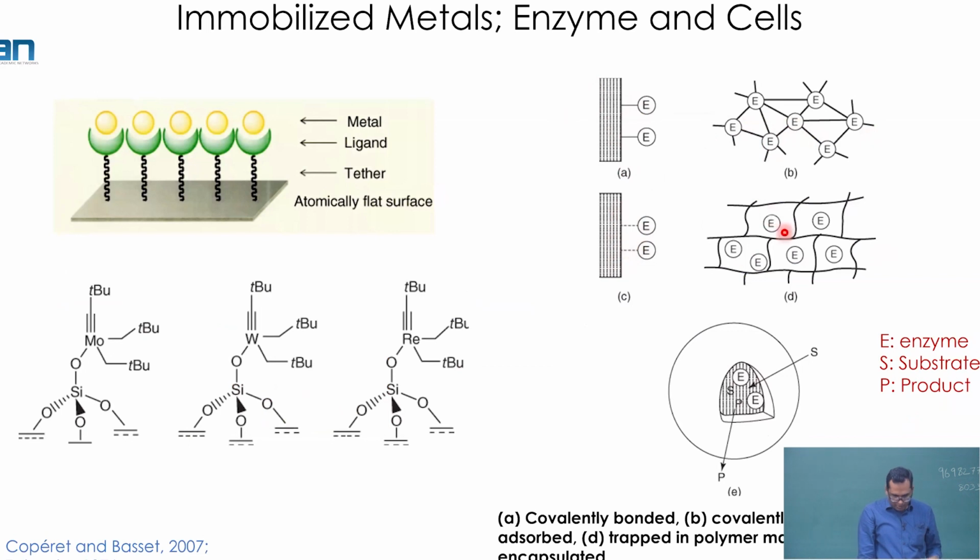Okay. Now that we know the catalyst and all, let's look from the perspective of what the typical size of the catalyst is that we are talking about. If we see the reactors which are operated industrially, they can be several meters to up to 100 meters in their dimension.